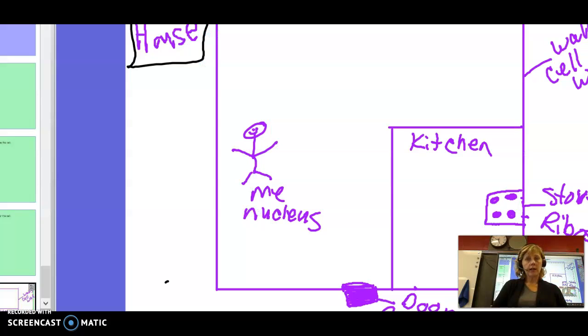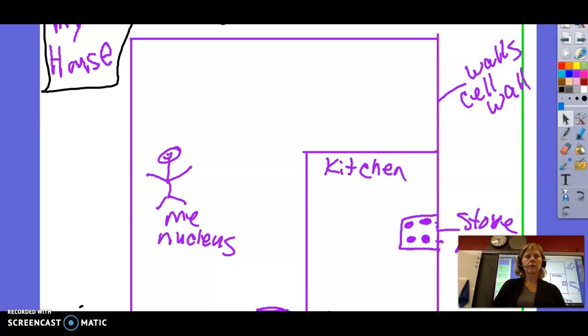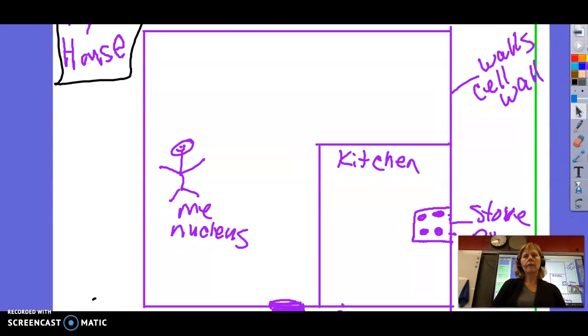When it comes time for you to draw your cell factory, let me rearrange this a little bit. So this is my house. When it comes time to draw this, you don't have to be an artist. Clearly I'm not an artist. I do want some structure, like the walls should be nice and straight. Please use a ruler.